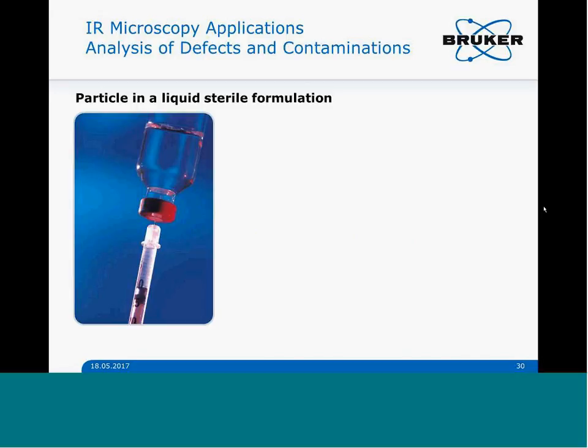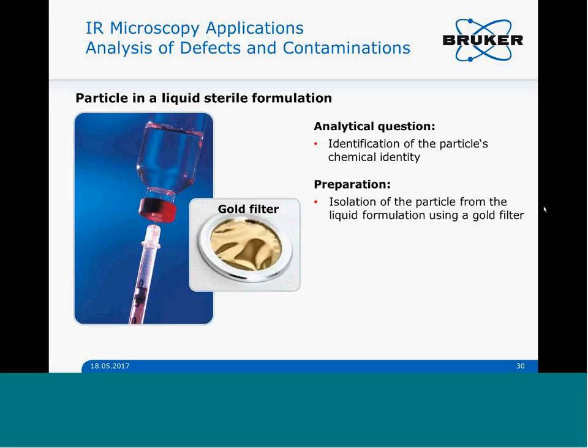That was just for solids, so how about liquids? If you have a particle in a liquid, you need to catch the particle to collect a spectrum. If it's floating, what you can do is filter your solution through a mesh filter, and the particles will stay on the surface of the filter.